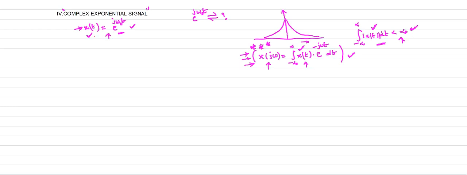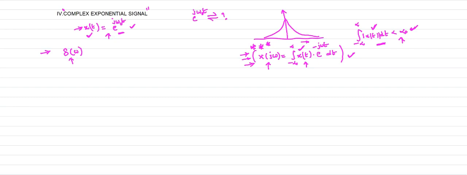To find out the Fourier transform of this special type of signals which are not convergible signals, let us consider a signal like this. This is the unit impulse signal delta of omega in the frequency domain.